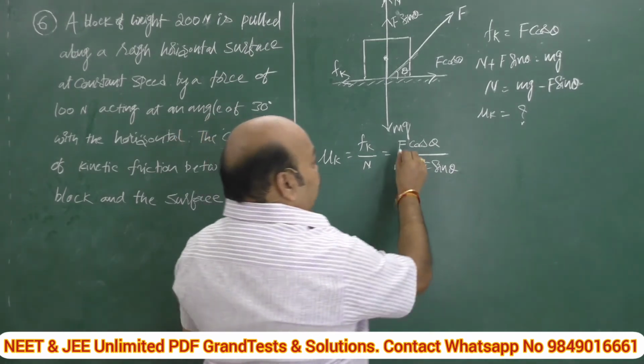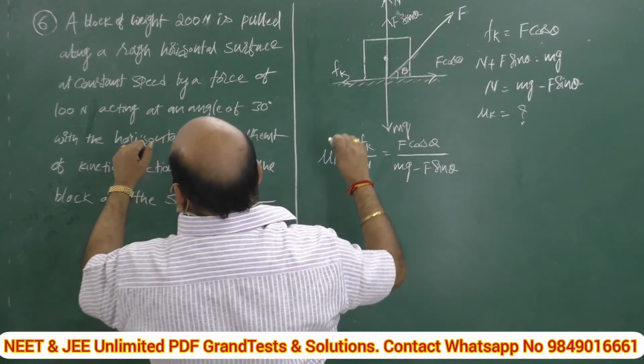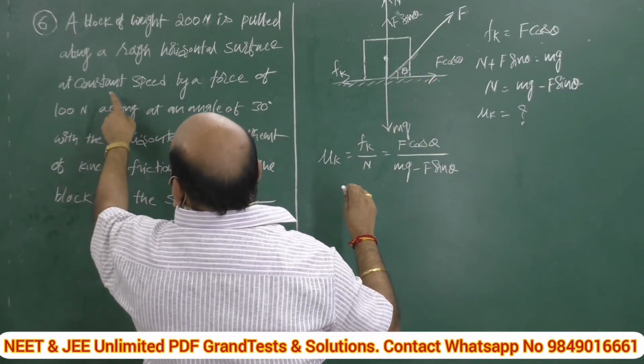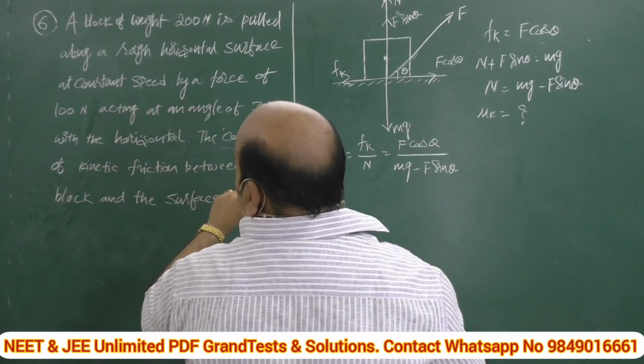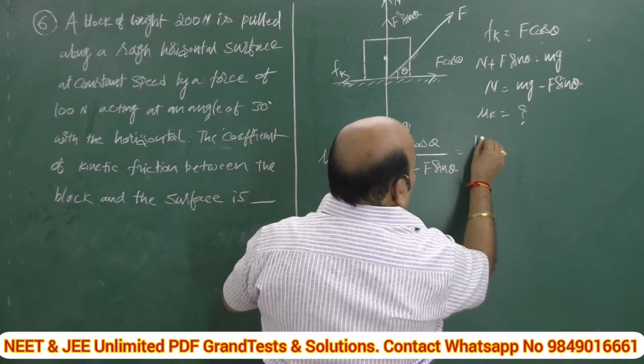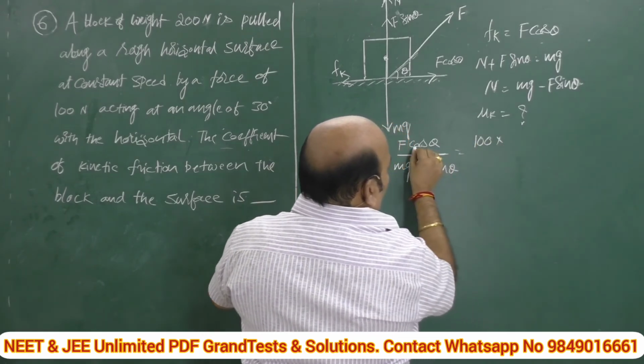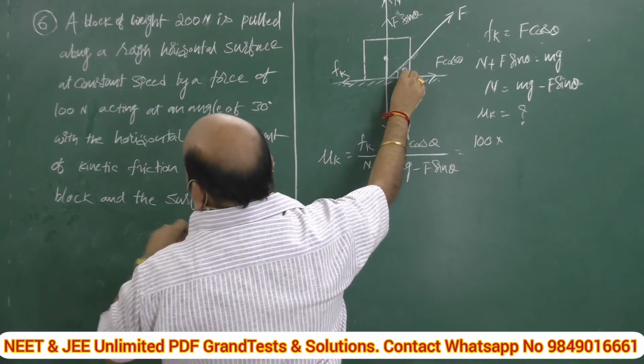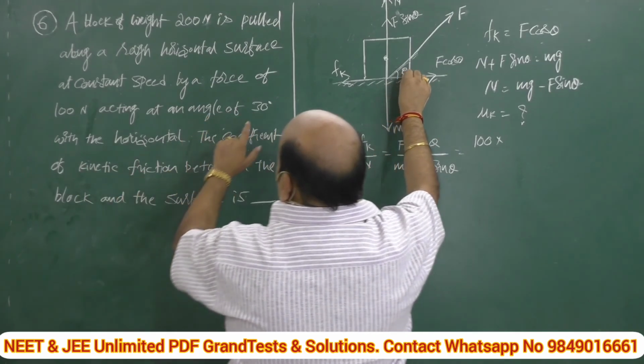Be careful. What is F? What is the pulling force? Here it is given as 100 Newton. That's why I am writing 100 into cos theta. What is the angle theta in the problem? It is given as 30 degrees.